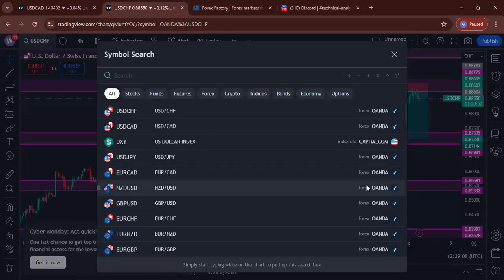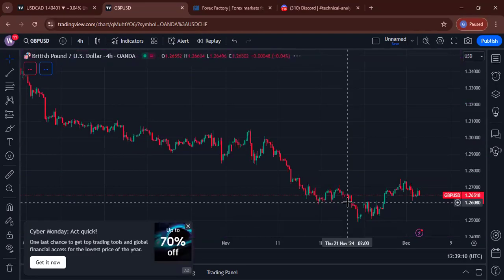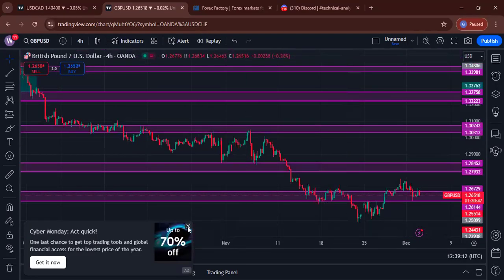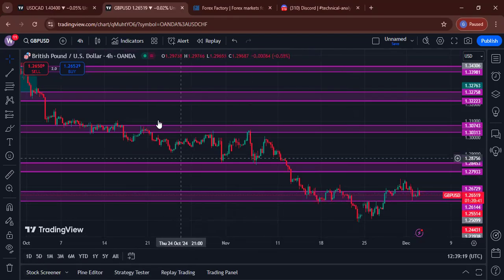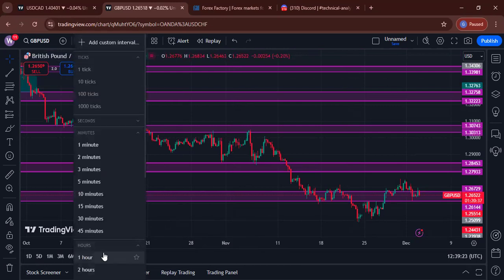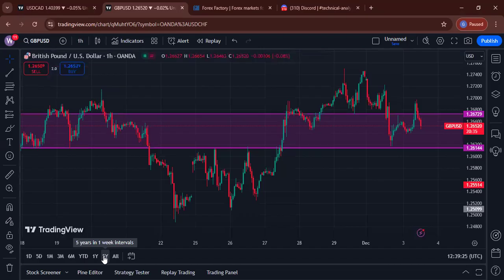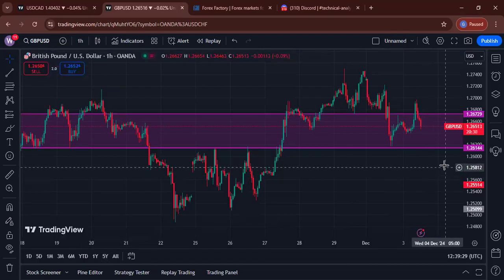Let's look at GU. For GBP USD, we've had quite a lot of uncertainty with this, but I will be expecting a potential bullish reversal from maybe these areas here.